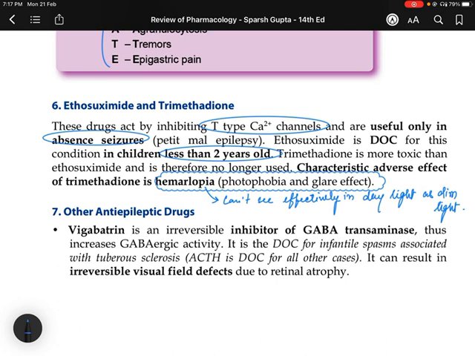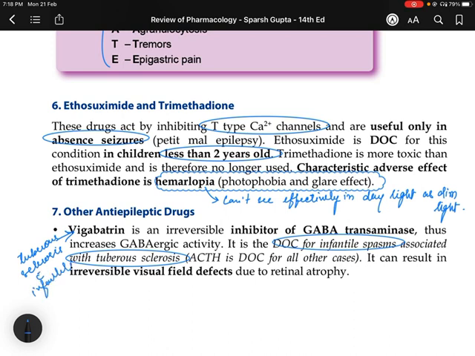It's a DOC for infantile spasm associated with tuberous sclerosis. Vigabatrin, no? For tuberous sclerosis, it can be given with infantile spasm.